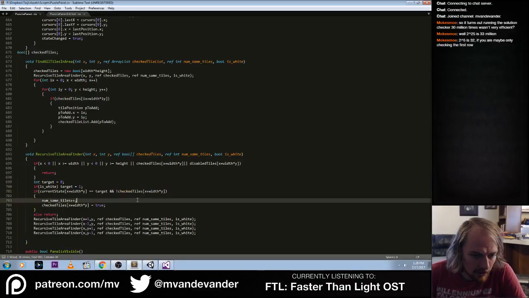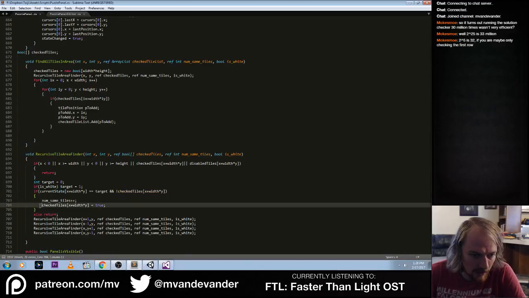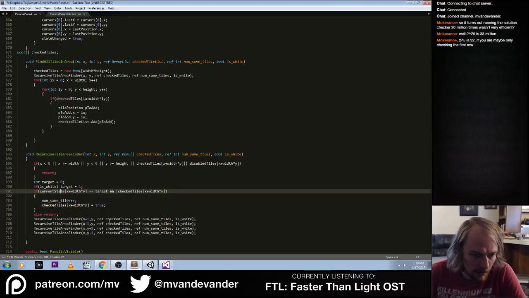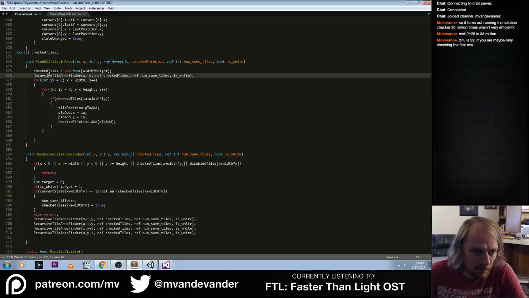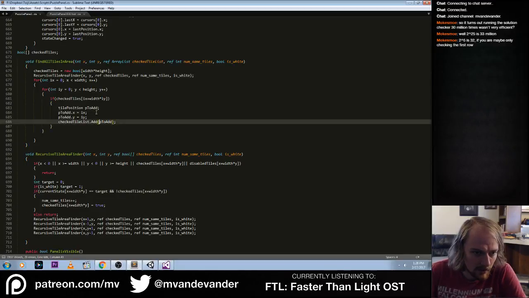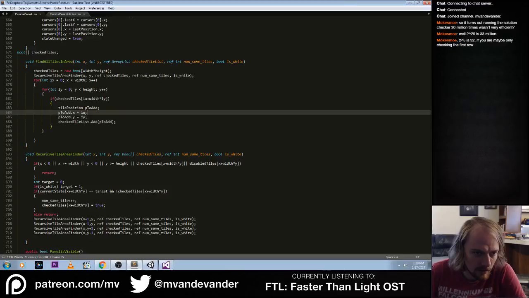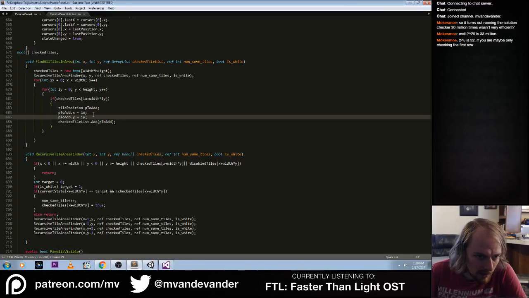And then we're checking to make sure that check tiles is false. Then we add it, and then we set it to true. And then we go down here, and we check everything else, and then pass those down the stack some more. And the problem is probably this is not right somehow, but I don't know how.